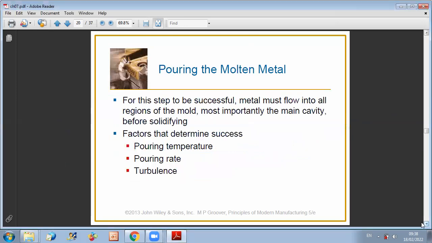No. So an important step is to pour the molten metal. For this step to be successful, metal must flow into all regions of the mold, most importantly the main cavity, before solidifying. This is why we need to study the pouring temperature. It should be high enough to avoid solidification in certain regions blocking the flow of metal to the extremities of your cavity.